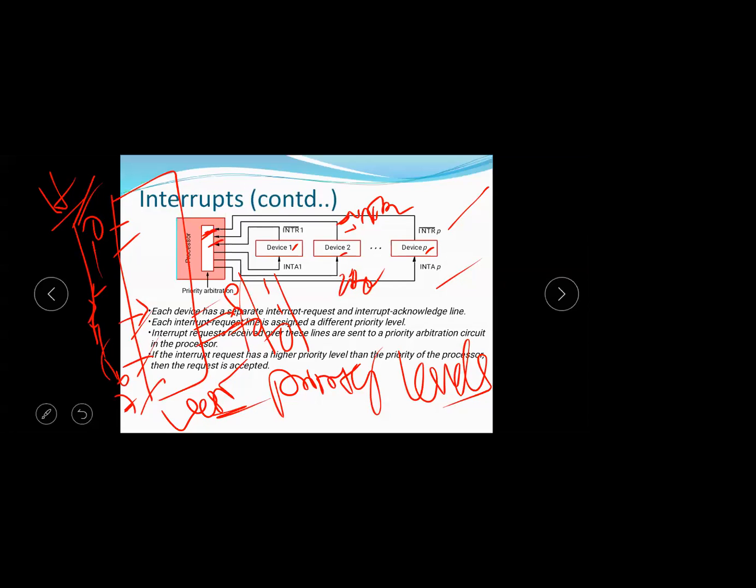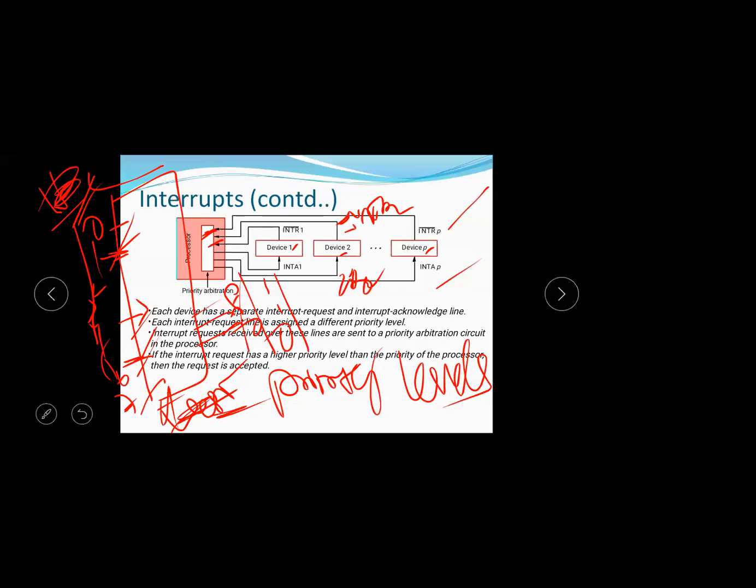Okay, now if at a time 2 inputs are activated, 1 and 5 both are activated, and 0 is the least priority and 7 is the highest priority. In the normal design, 0 is the least priority, 7 the highest priority. Now the first input and 5th input are both activated at a time. Then out of the 2 inputs, which will be encoded?